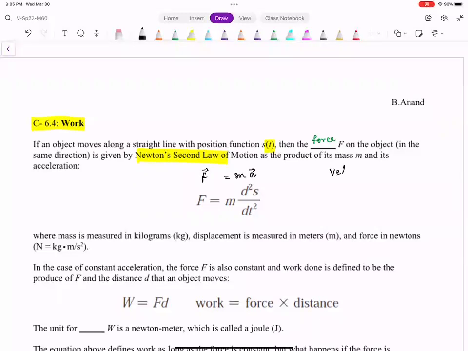The velocity would be ds by dt, the first derivative, and the acceleration would be the second derivative.